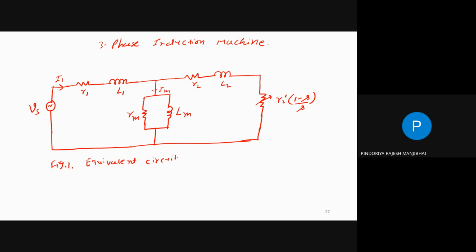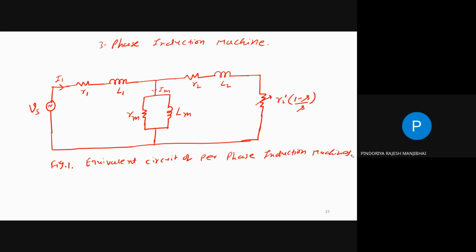Equivalent circuit of per phase induction machines. Okay, so this is the simple equivalent circuit of the per phase induction machine, and this is similar to your transformer.